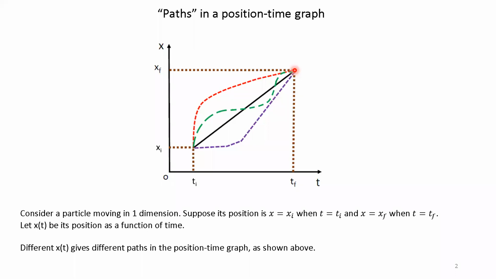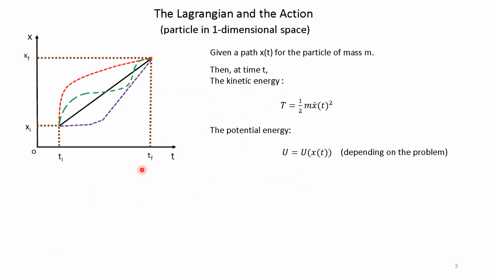But anyway, for any of these curves, I can just call this x as a function of t. Now I'll just have these two quantities that you know already. At any time t, you know how to calculate the kinetic energy, which I call T. As long as I give you x as a function of t, you can calculate the velocity, and then you can calculate the kinetic energy.